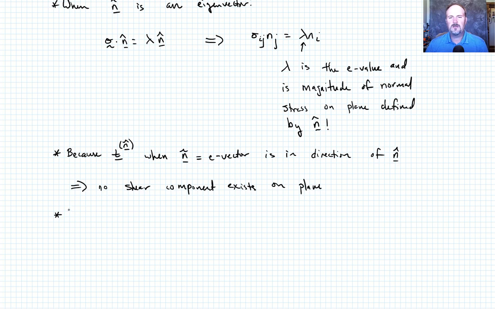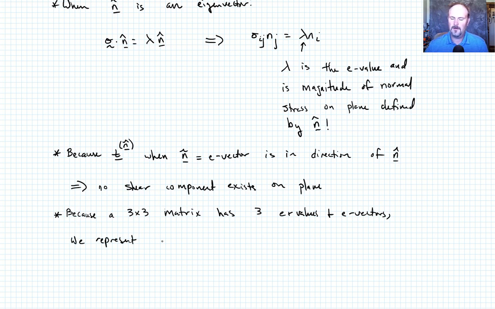Hopefully you remember how to compute eigenvectors and eigenvalues. Because a 3x3 matrix has 3 eigenvalues and eigenvectors, we represent the 3 values as the 3 principal stresses.